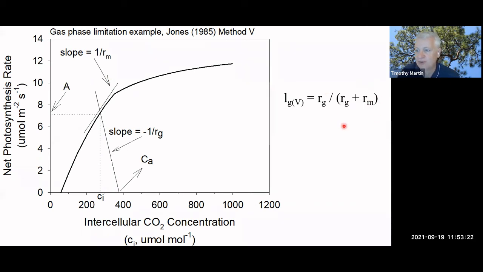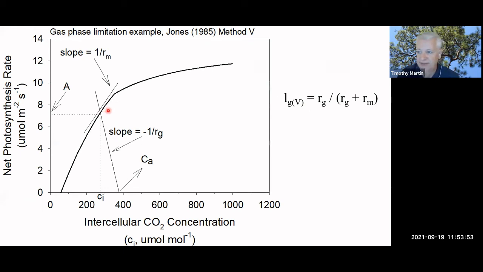That's the total resistance. So if you look at my previous diagram, which showed the green arrow and the blue circle, those two added together is the total resistance. And so Rg, the gas phase resistance, divided by the total resistance will tell you what fraction of that total resistance is due to the gas phase. And again, that'll be a number between 0 and 1.